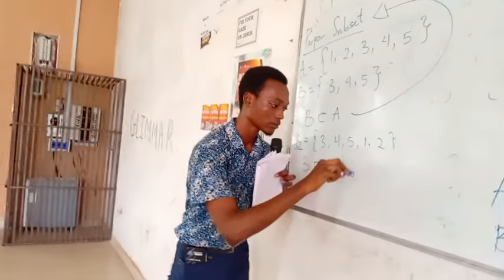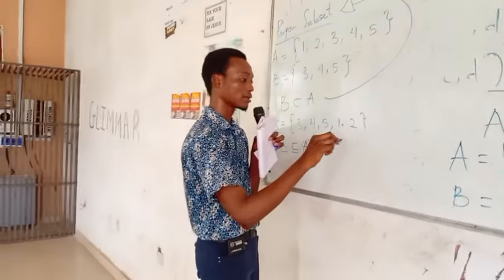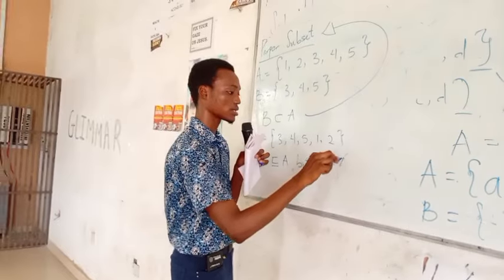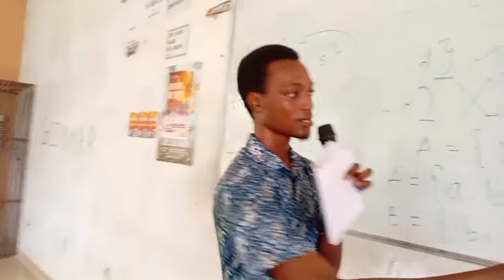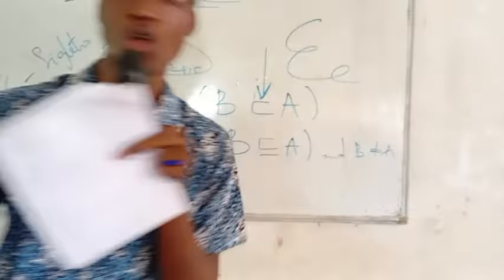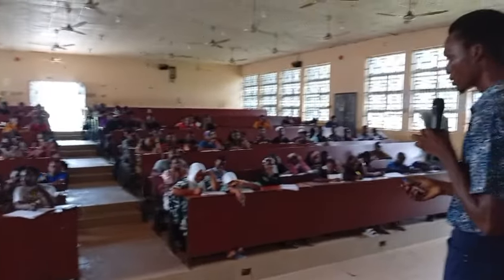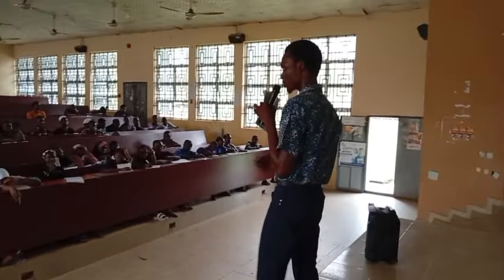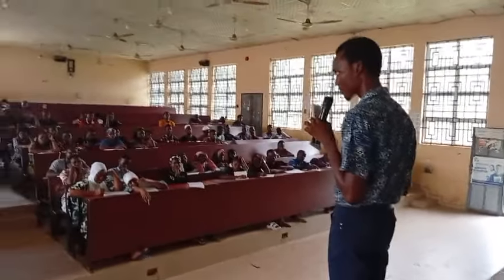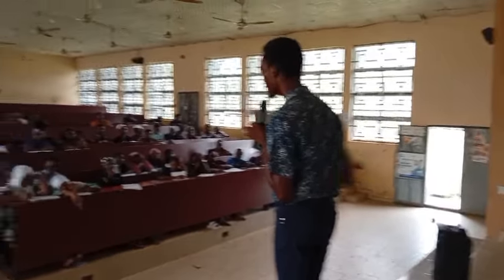But it does not mean that B equals A. That's the statement here. Though they have the same elements, B and A are not the same thing. Do you understand that, please? We have the same elements. But are we the same thing?